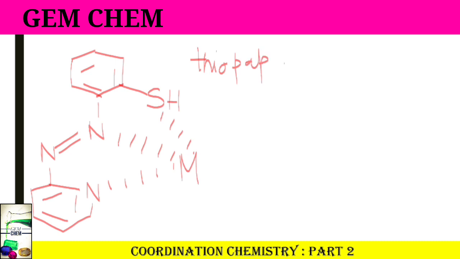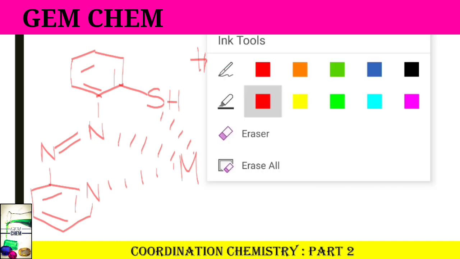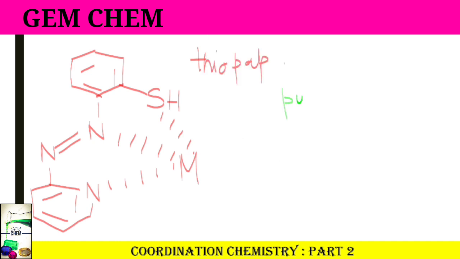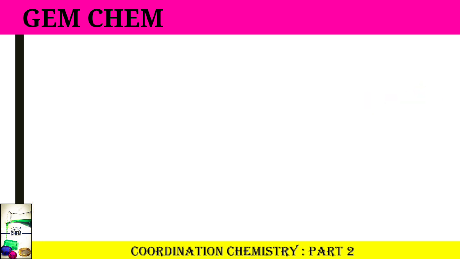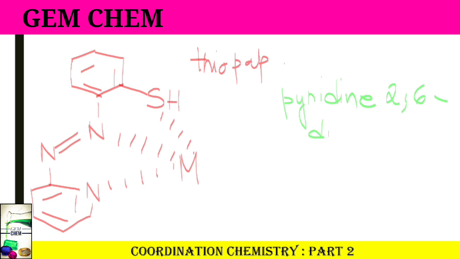Next one will be our pyridine 2,6 dicarboxylic acid. So write down pyridine 2,6 dicarboxylic acid. So first draw pyridine.